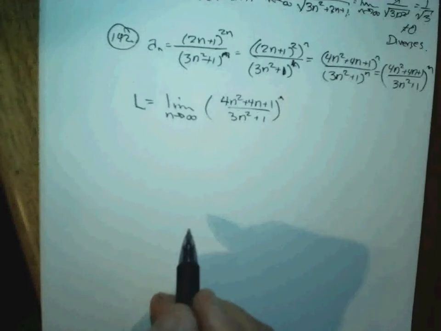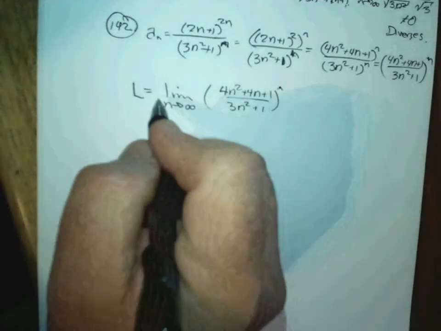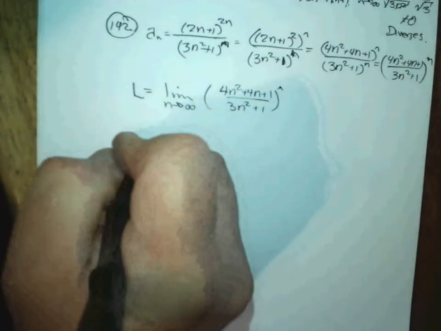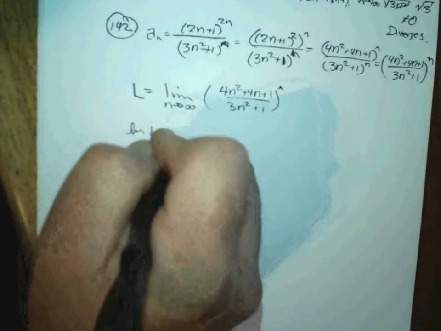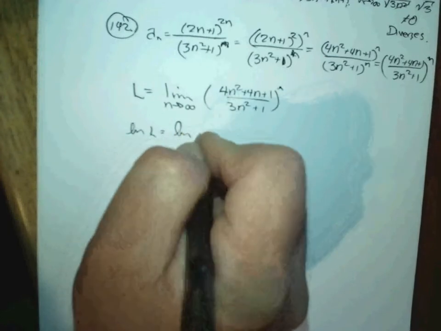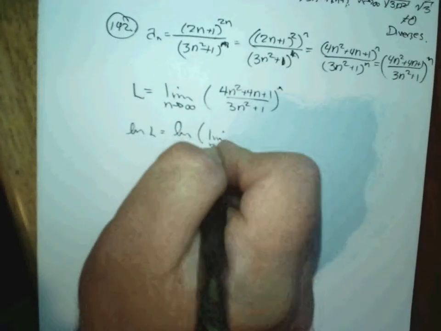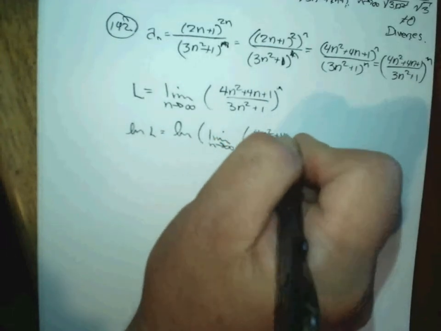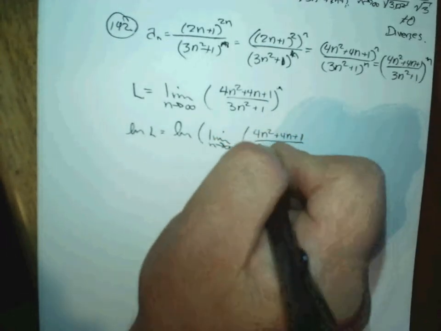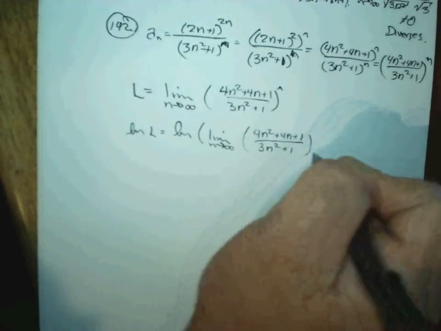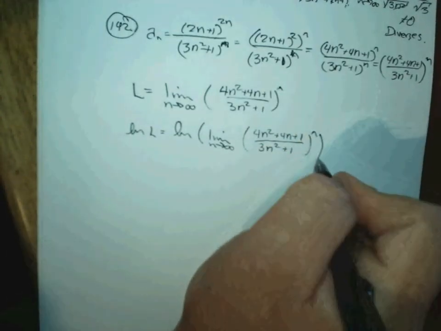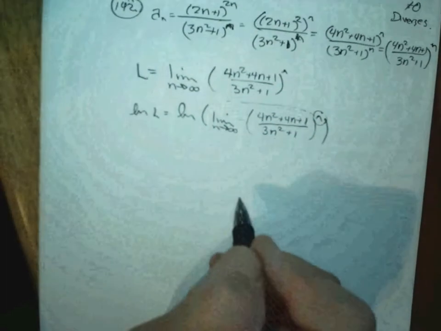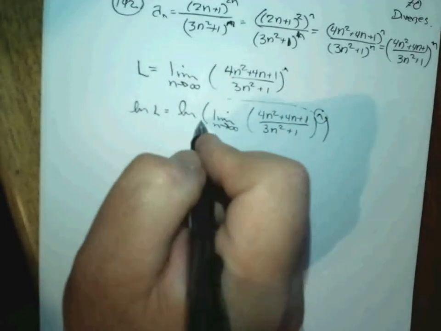We say, let's give this limit a name, call it L. And of course we want to find the value of L. Well, to get that n out of the power, simply take the natural log of both sides. By taking the natural log, that allows this n to come down in front as a coefficient.